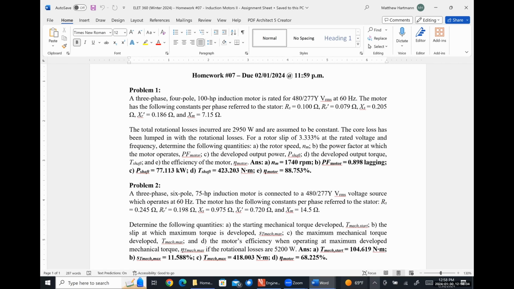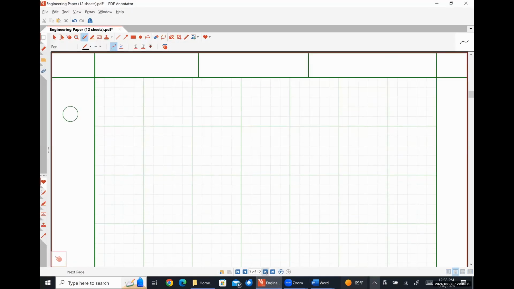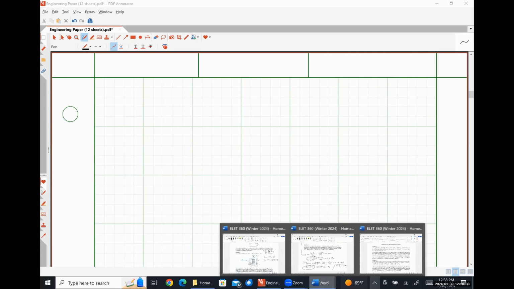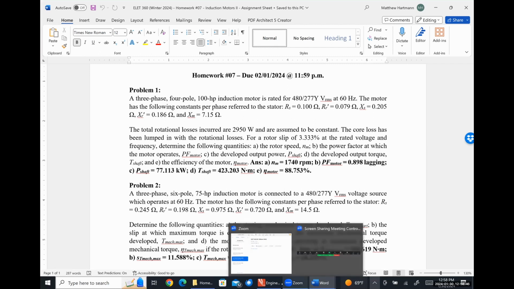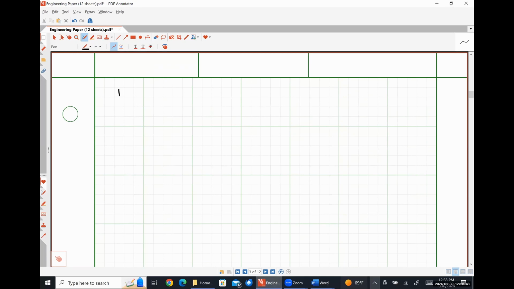All right, so let's run through this one really quickly and write down all of our constant terms. P is equal to 4. Fs is 60 Hertz.